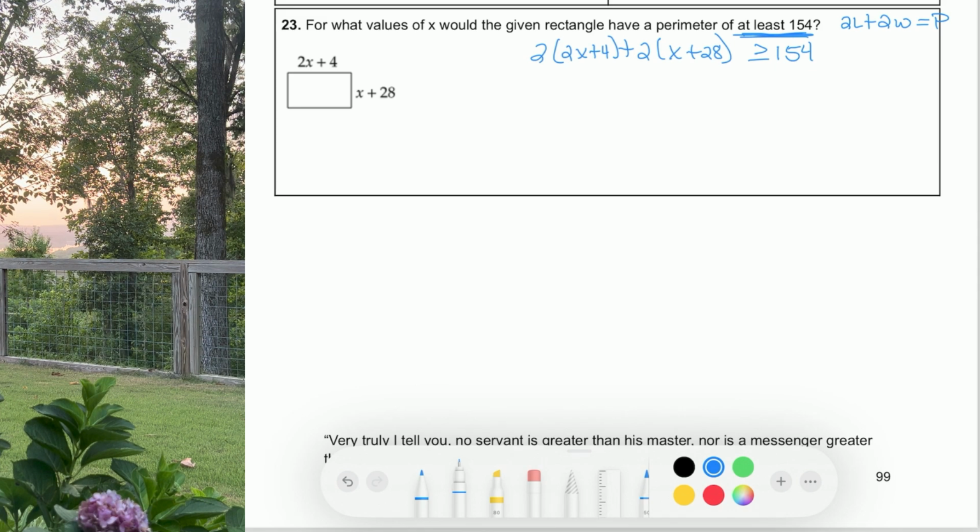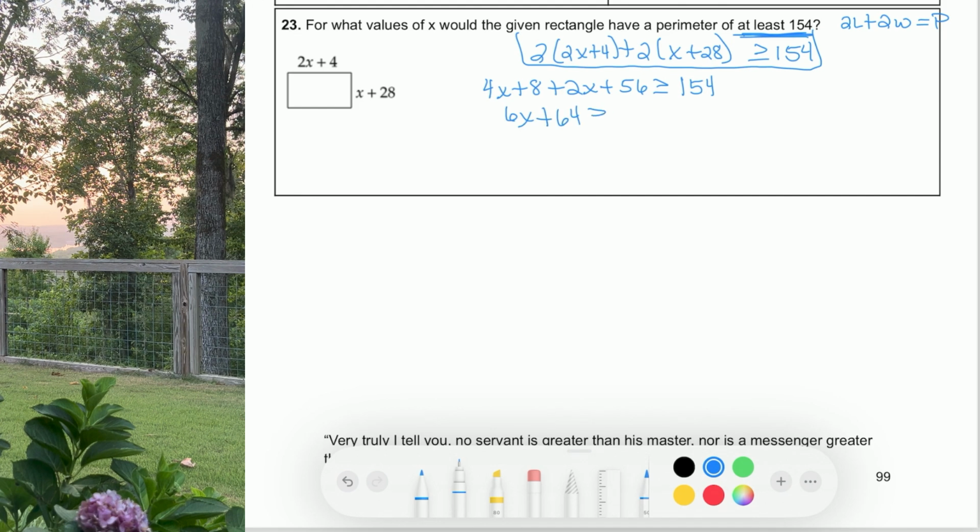I'm going to cover over here just to allow us enough room. But we've got to distribute here. So we end up with 4x plus 8 plus 2x plus 56, which is greater than or equal to 154. I'm just going to kind of box this off. Now we're going to combine like terms. We have 4x plus 2x, that's 6x.